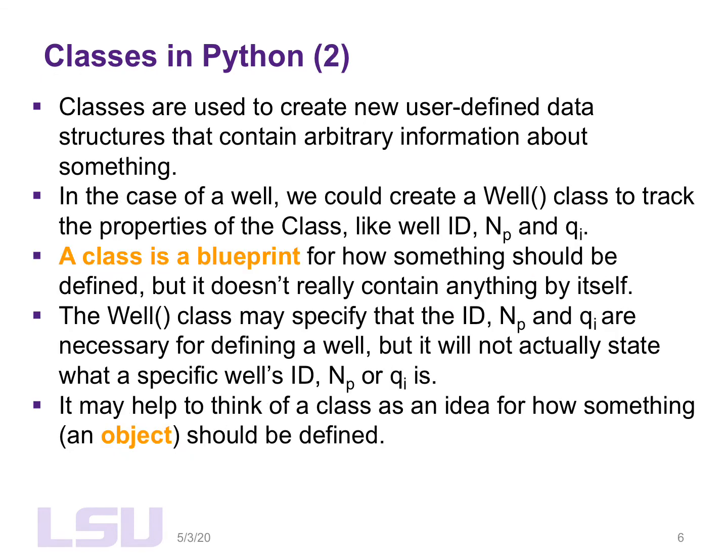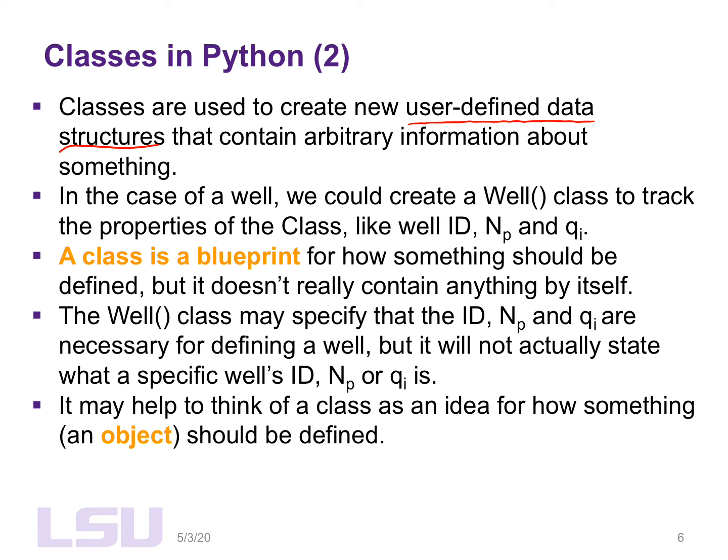So what are classes? Why do you need classes? We use classes to create user-defined data structures. So we are going to create our own data structures instead of using the primitive data structures like floats, integers, which I showed earlier.